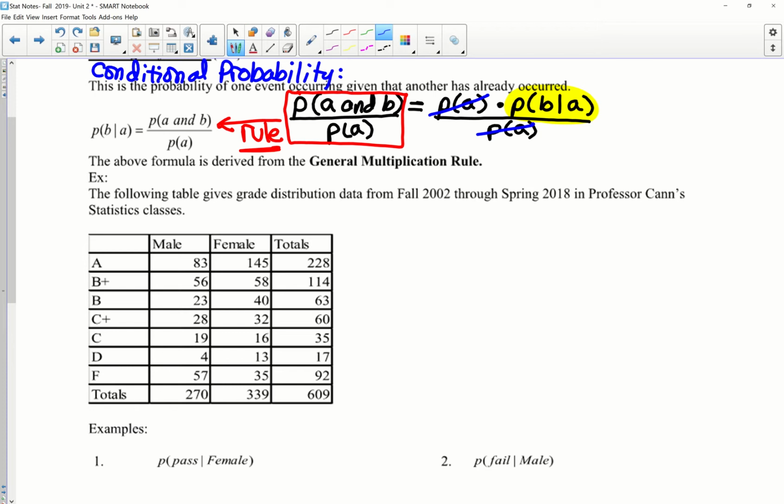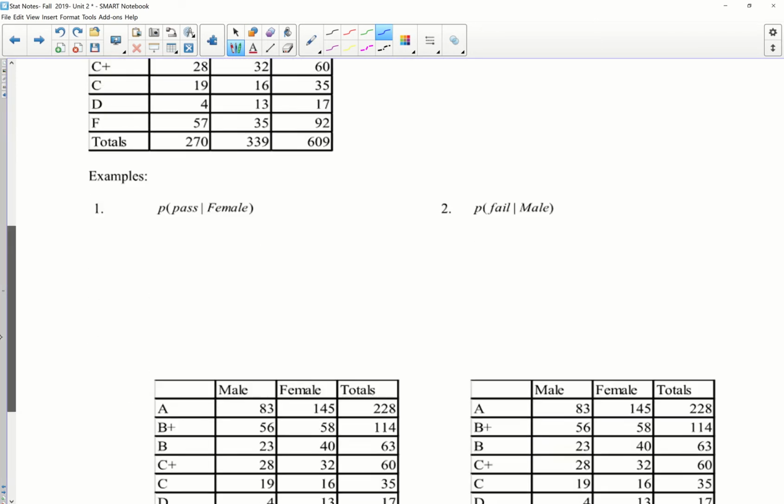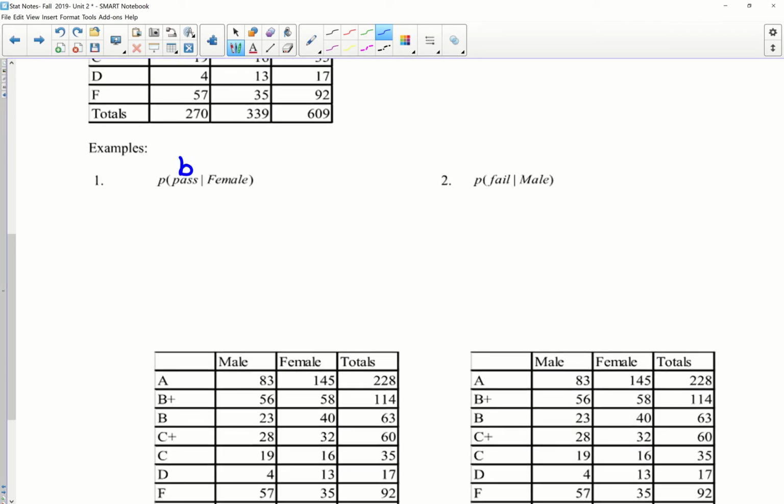So we identify the B value and the A value. So pass is the B value, female is the A value, and then we expand the formula based on that information. All right? So here's B, here's A. So we're looking at the probability of A and B over the probability of A.